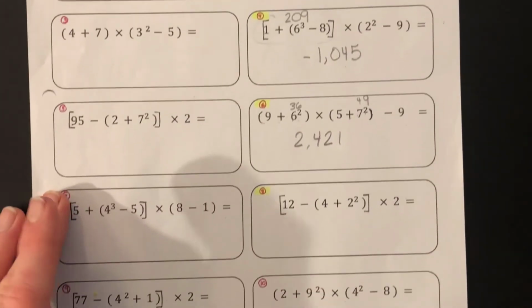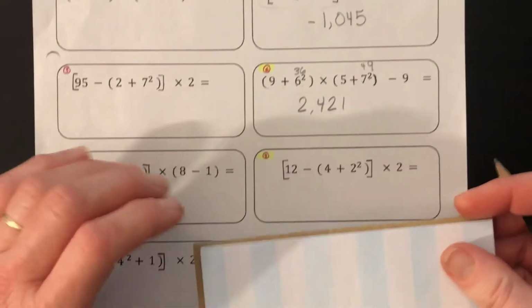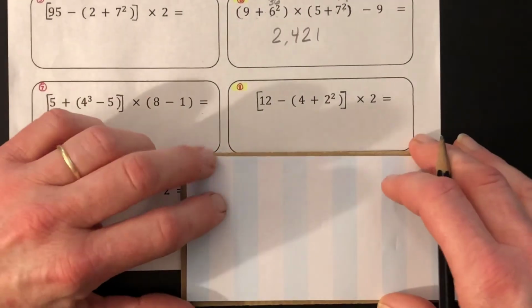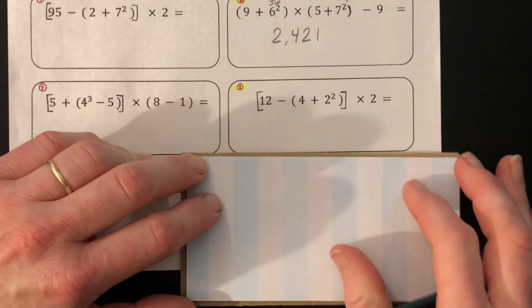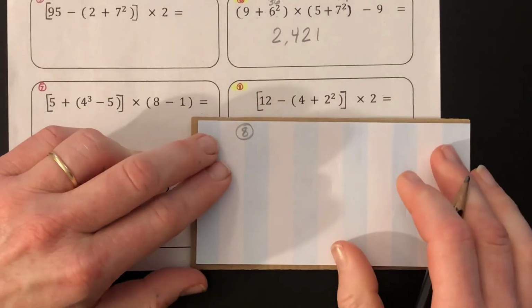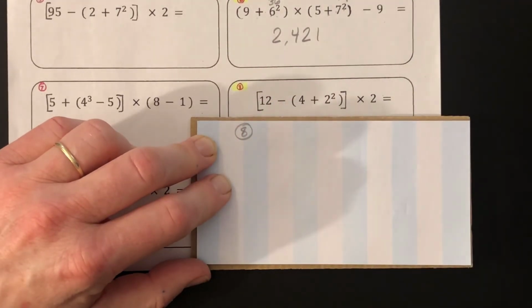Let's move down to number 8. I like these, actually. All right, so number 8. Since I have brackets, I'm going to take my brackets and I'm just going to do them first.